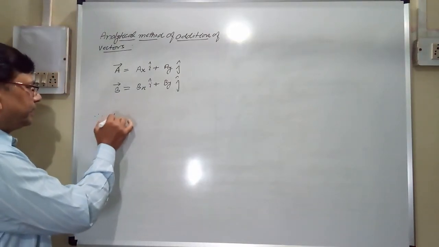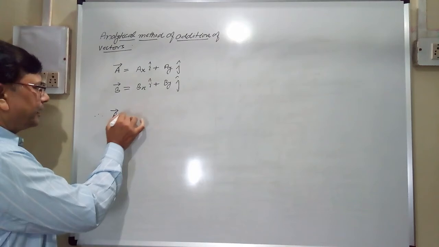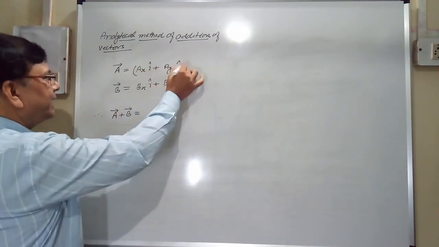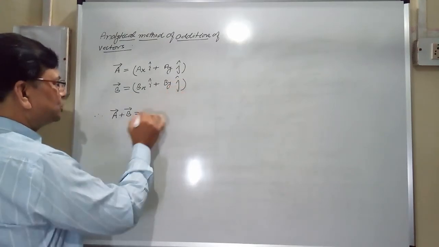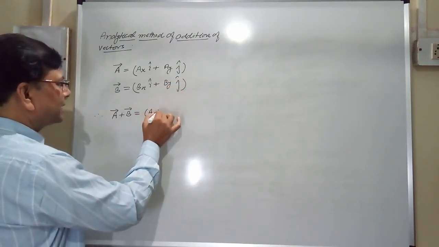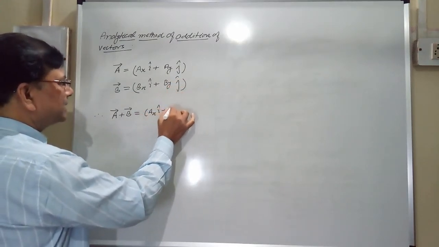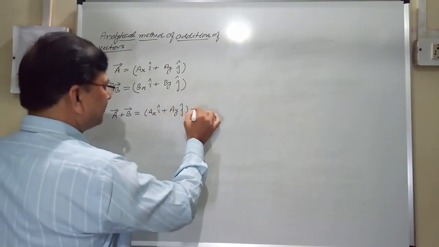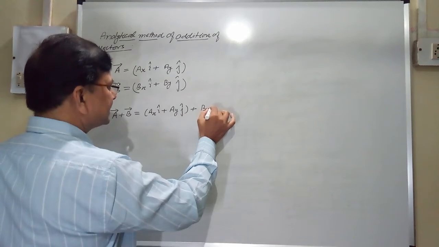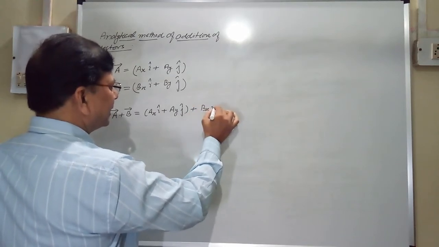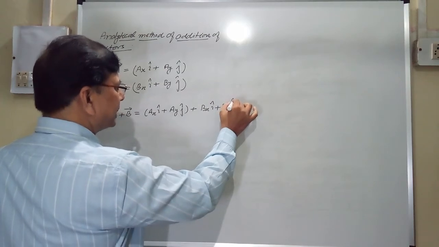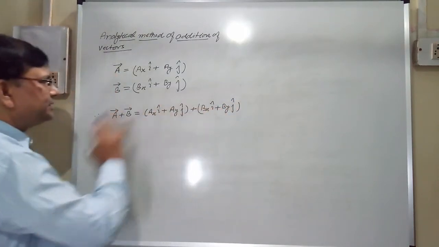Therefore, A plus B is equal to ax i plus ay j plus bx i plus by j. Right? Addition is being done.